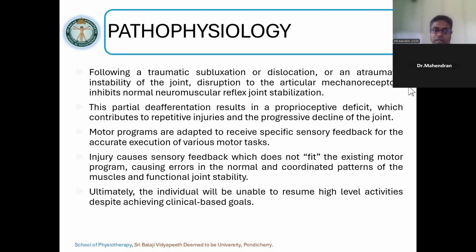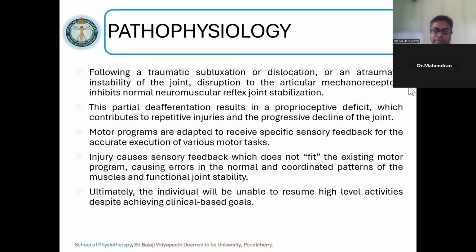But we are unaware that in any joint injury, the proprioceptors would also be involved. In most of the rehabilitation we plan, we are ignoring that. Through learning this technique, we can understand that the proprioceptors will be involved in any type of joint injury, whether traumatic or non-traumatic.